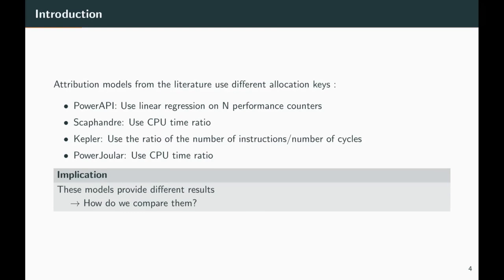There are different allocation keys, different ways to split the energy consumption, but it's always the same general idea. For example, Scaphandre and PowerJoular use CPU time ratio. So if your application is running twice longer than another application, then it will be attributed twice the amount of energy consumption.